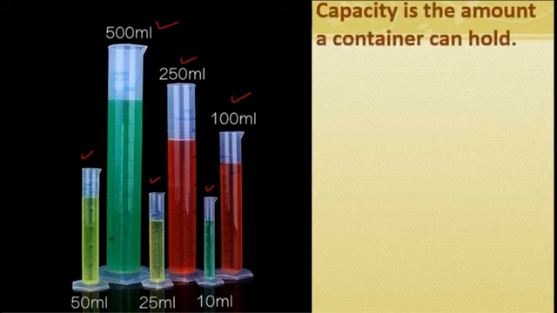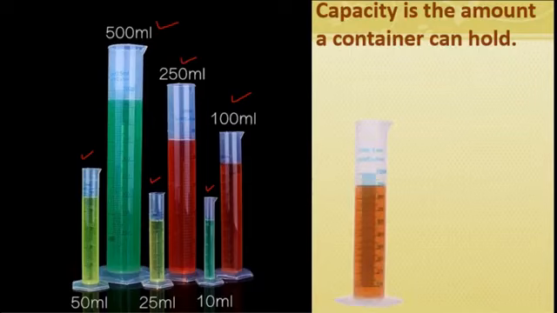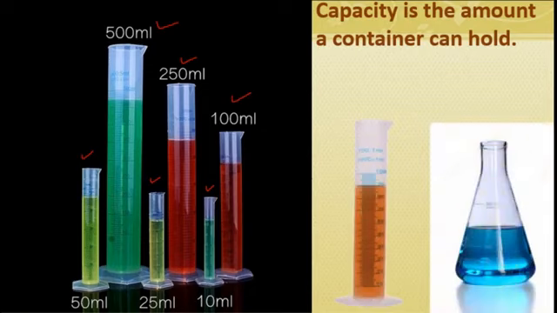Capacity is the amount a container can hold. Capacity is the amount of liquid that a container can hold. See this. This you know, that is the measuring cylinder. This is the flask, measuring flask.